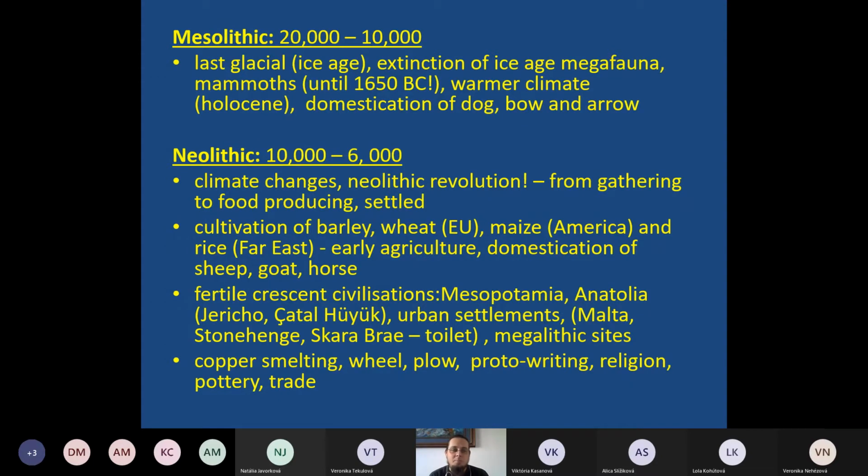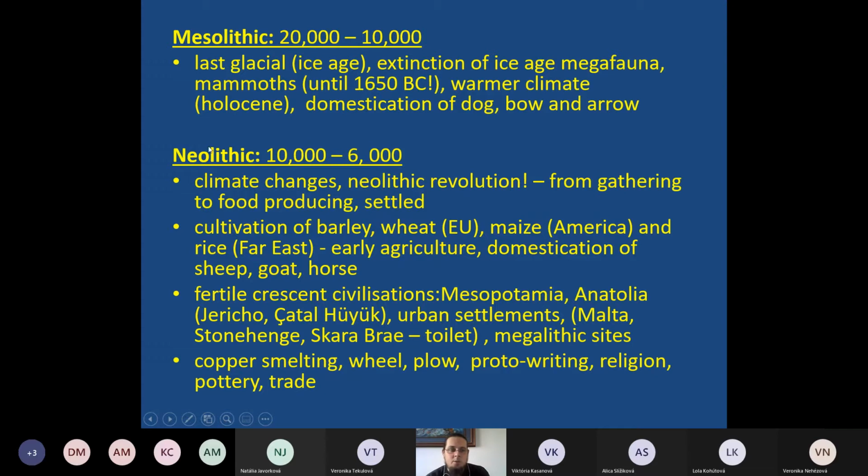And what happened is that another climate change about 10,000 BC caused this environment to not allow animals to survive, even without extensive hunting. So people in the Middle East and later on all around the world started with something called the Neolithic Revolution.